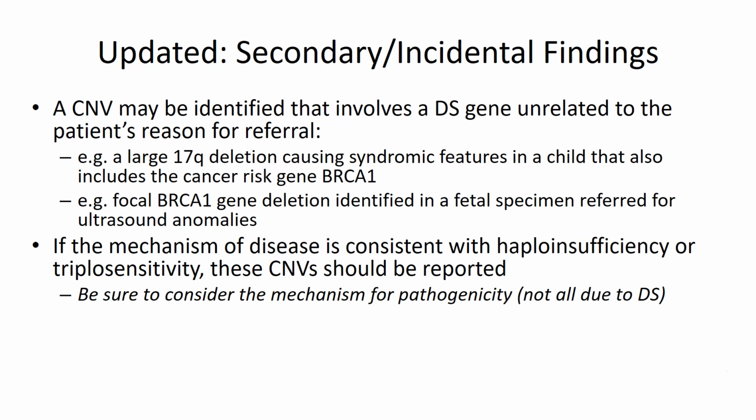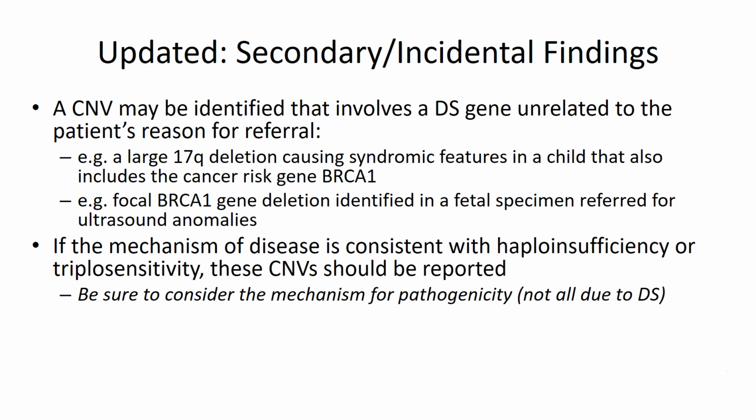Some examples include a large deletion causing syndromic features in a child that also includes a cancer risk gene, in this case BRCA1 in 17q, and a focal BRCA1 gene deletion identified in a fetal specimen referred for ultrasound anomalies. In both cases, it would be important to highlight these findings as secondary in the patient's report for future medical management and possibly for familial counseling if inherited.